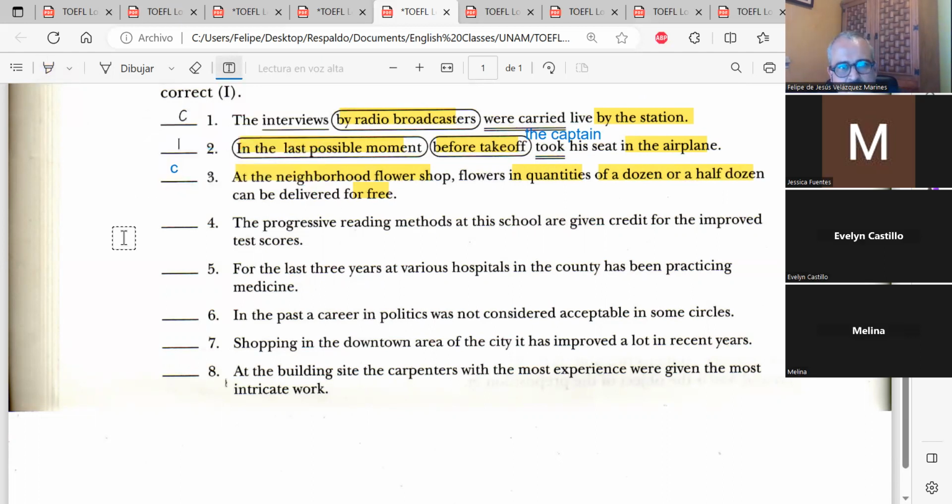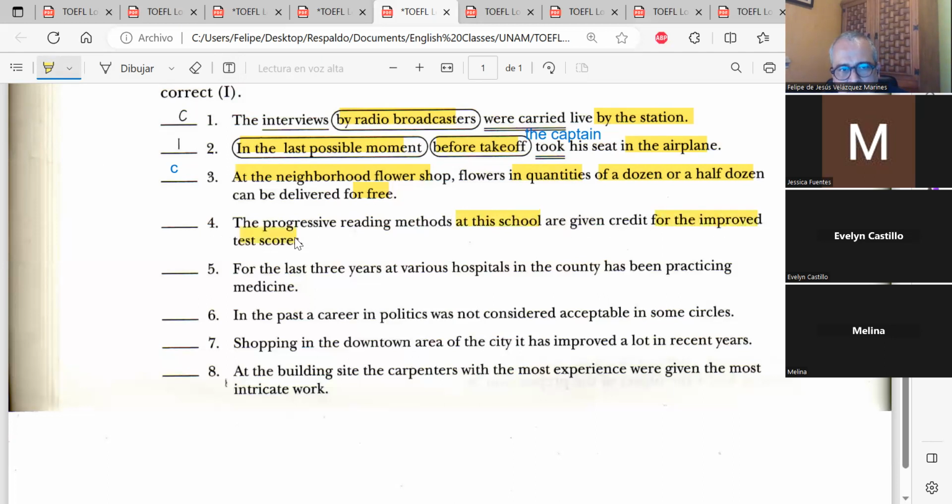Okay, Evelyn, number 4. The progressive reading methods at this school are given credit for the improved test scores. The progressive reading methods at this school are given. We have at this school, for the improved test scores.